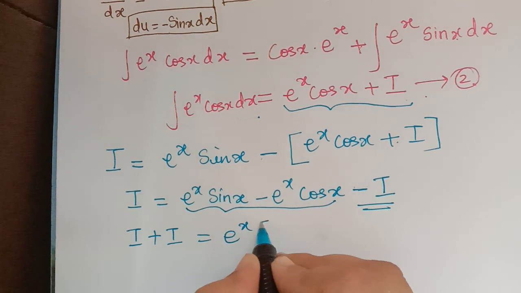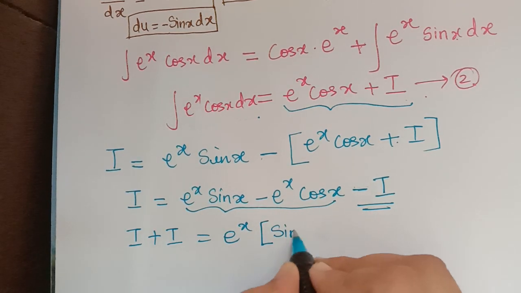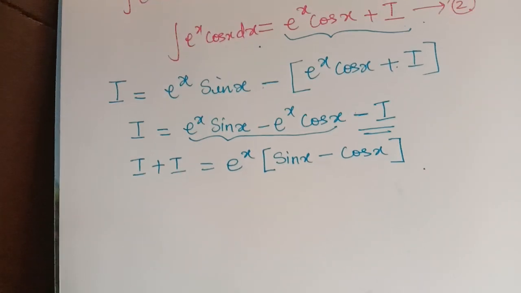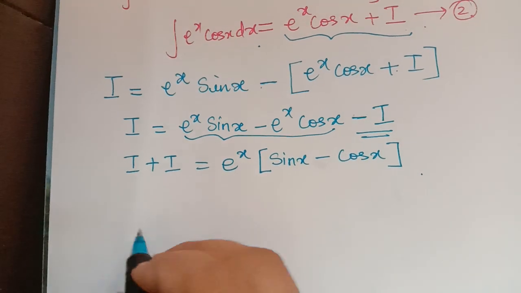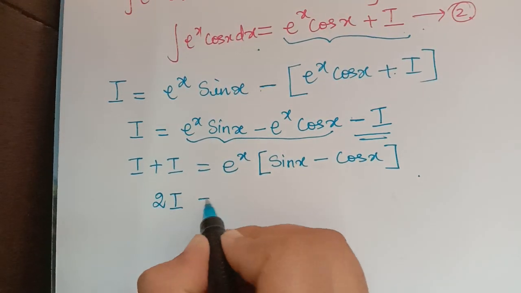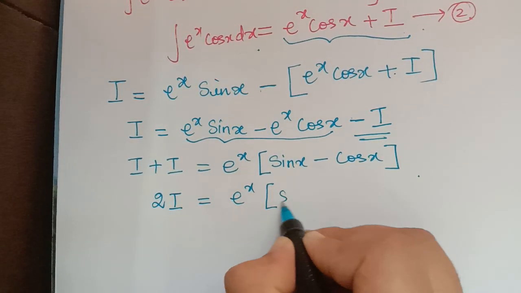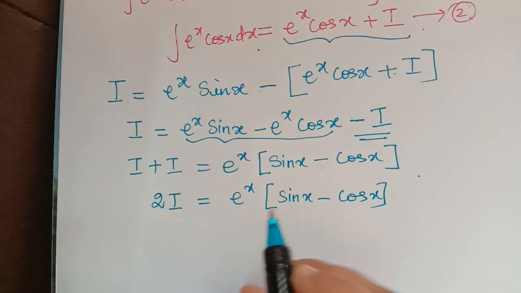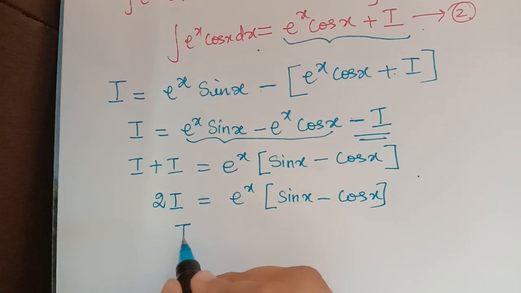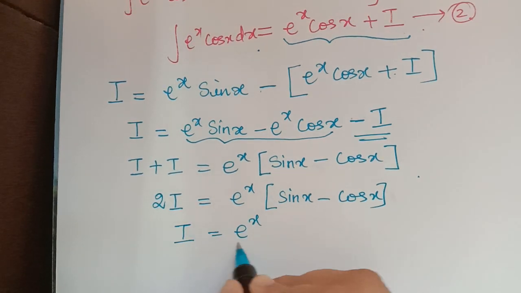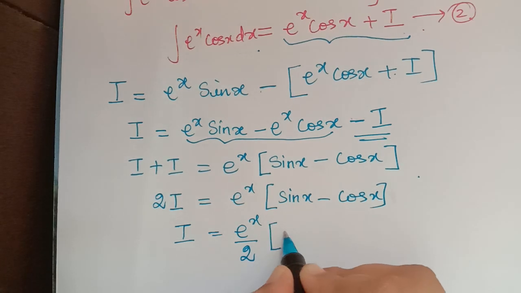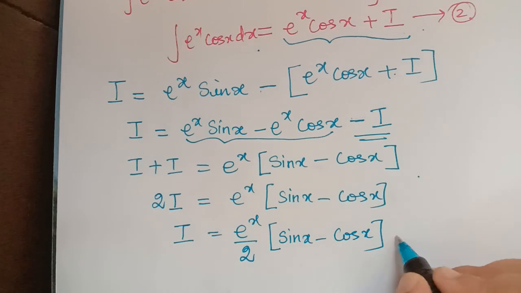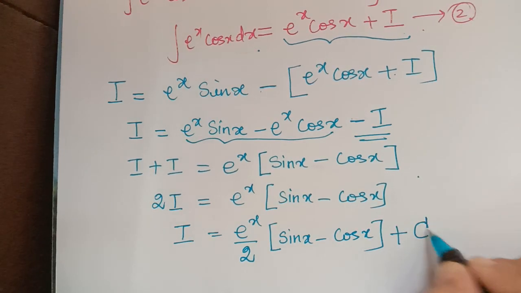So e power x multiplied with sin x minus cos x. Now from this we will be obtaining, what is I plus I? It was 2I is equal to e power x into sin x minus cos x. Now taking this 2 to the right, it will go in the denominator. So therefore I will be equal to e power x divided by 2 multiplied with sin x minus cos x, and at last we will add c, which is a constant of integration.